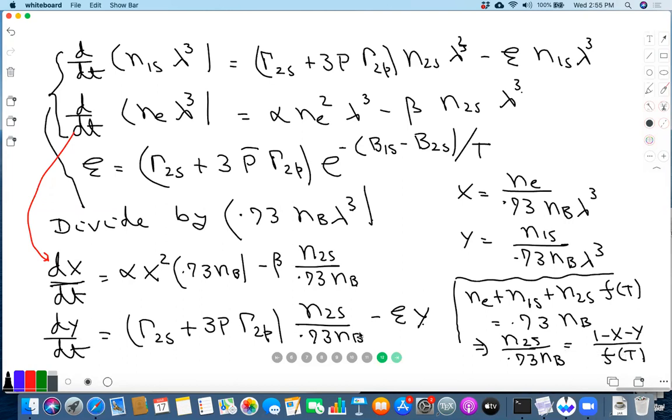So this one we can substitute here and here. So you see effectively that in these equations, E is given here.